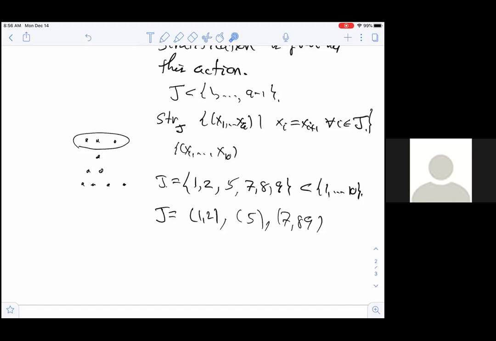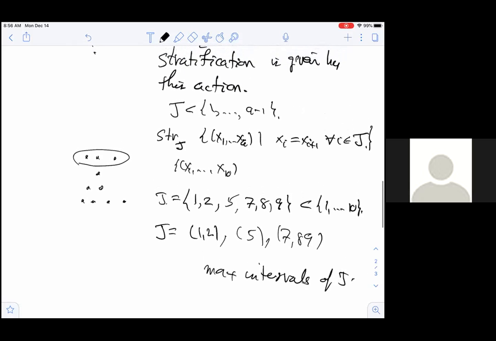And so what these are is the maximal intervals of J, intervals in the integers. So you notice the break between every one of them and the next skips at least one integer. So here you skip only one integer because these are adjacent. Here you skip two integers because you go from here to here.